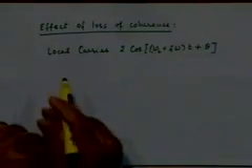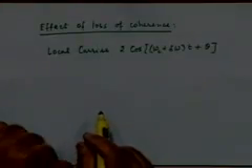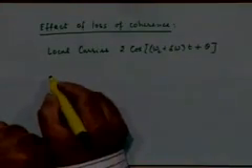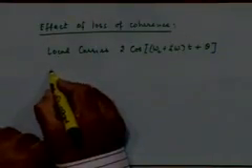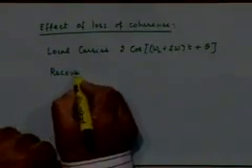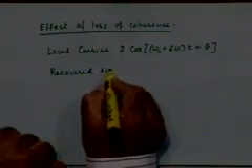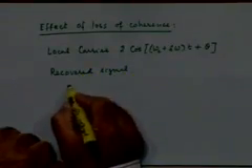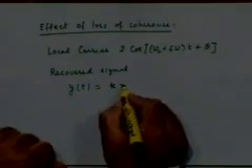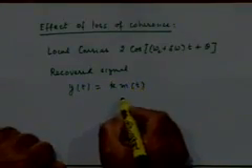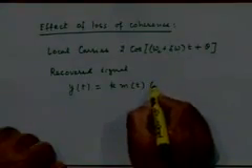Okay, so if you go through the same trigonometric equations once again, it's very easy to check just through trigonometric identities. Then the recovered signal y(t) is now given by not k times m(t), which was the case earlier, but can you guess what it will be?